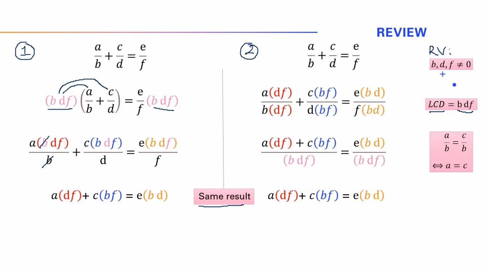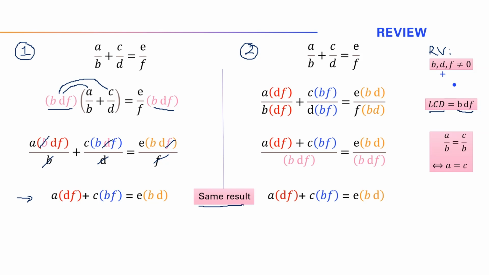The bottom is 1, and anything divided by 1 is the same thing, so we just leave it like that. For the second term we have D in common, cancel that, similar to the right hand side, and we end up with the result.